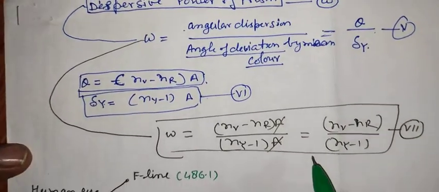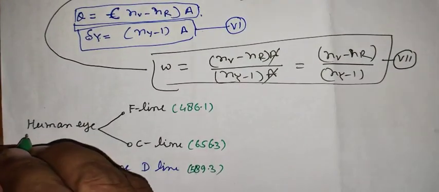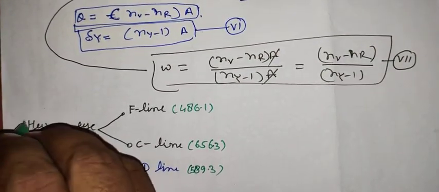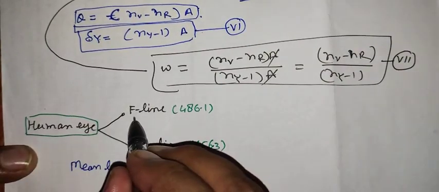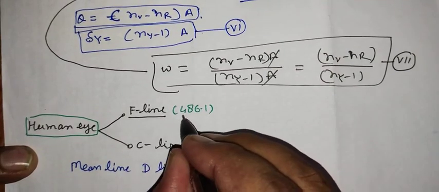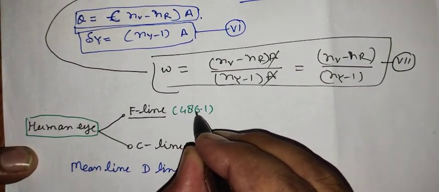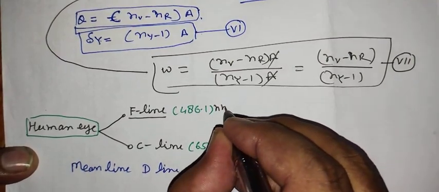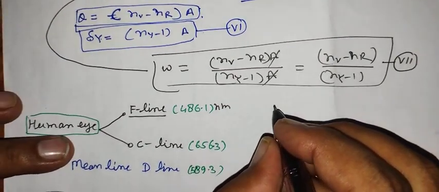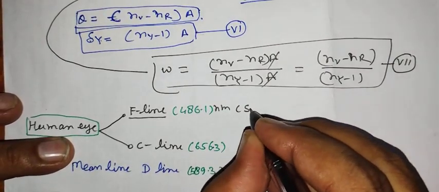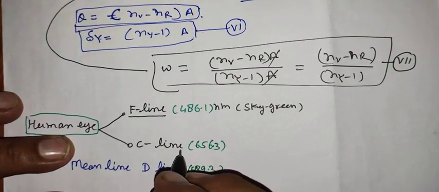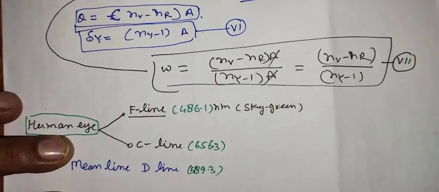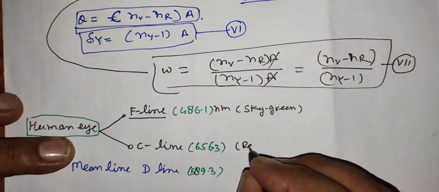Now see one more important thing, in the hydrogen spectrum. Our human eye is more sensitive to two lines: the F line, which has a wavelength of 486.1 nanometer and in color is known as sky green, and second, the C line, which has the color red.